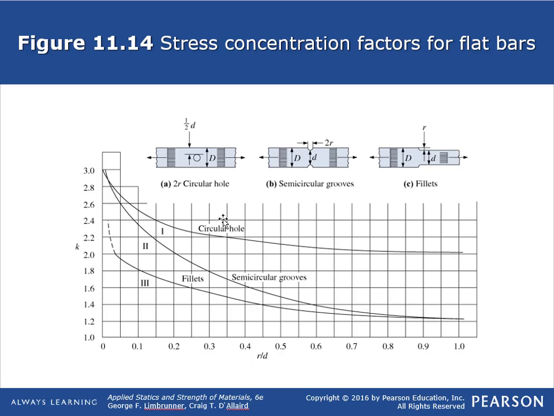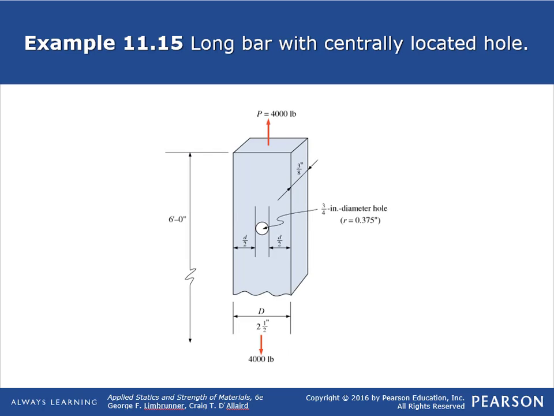The first line here is for a circular hole. The second line is for semicircular grooves, and this line here is for fillets. You take the R over D, intersect it with the correct line, and then you read the K factor off the y-axis. I'll cover example 15 in the examples movies.